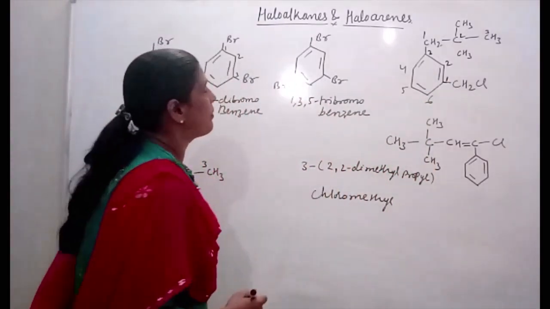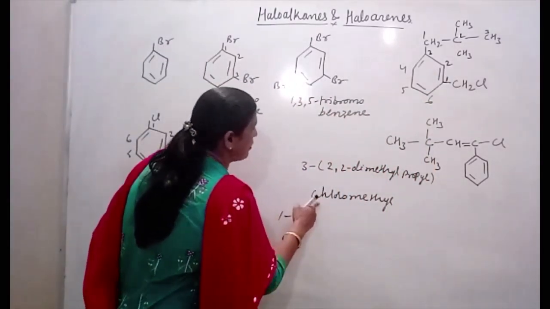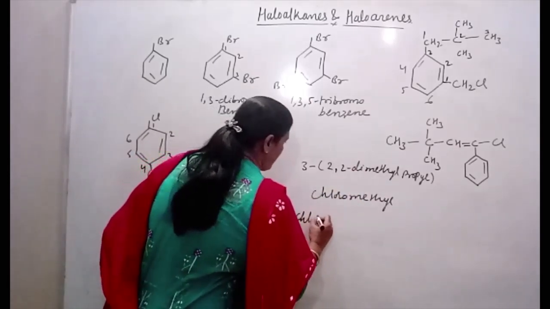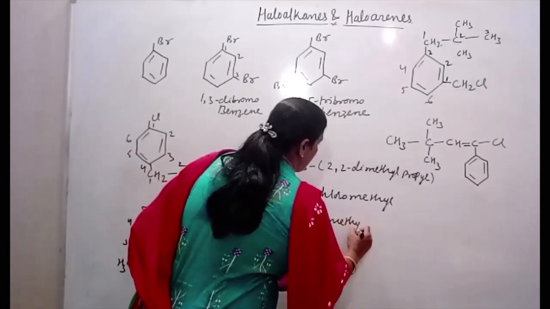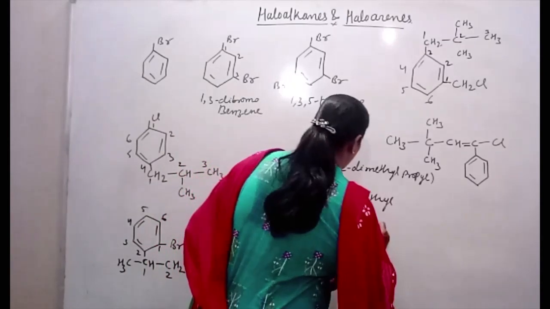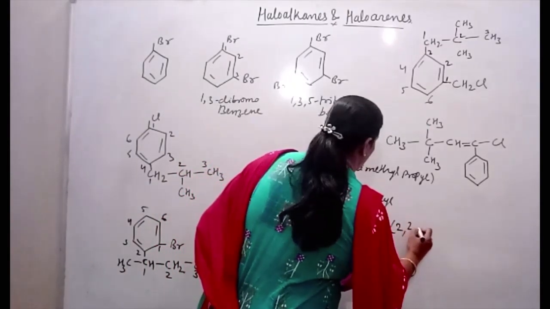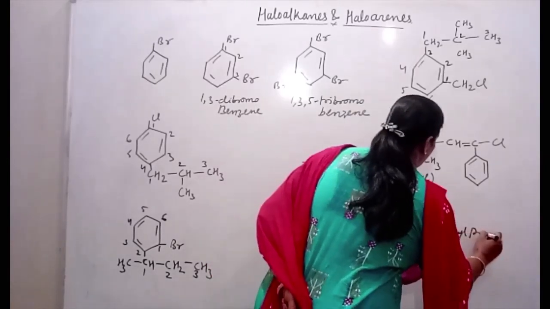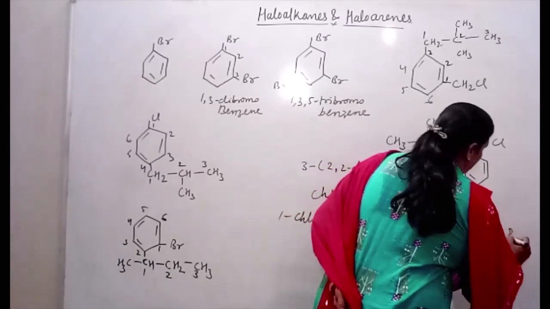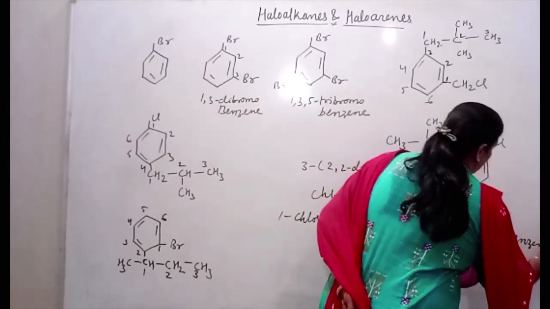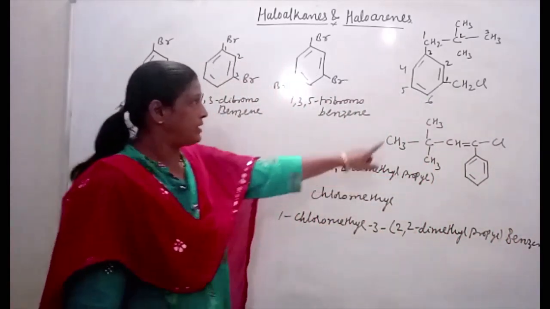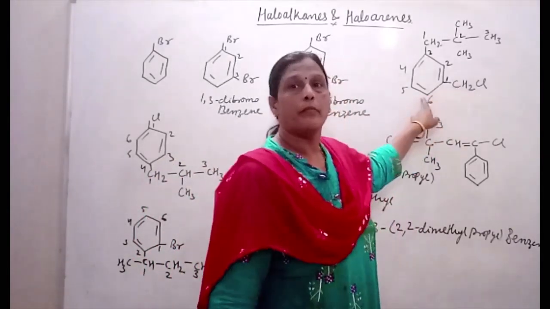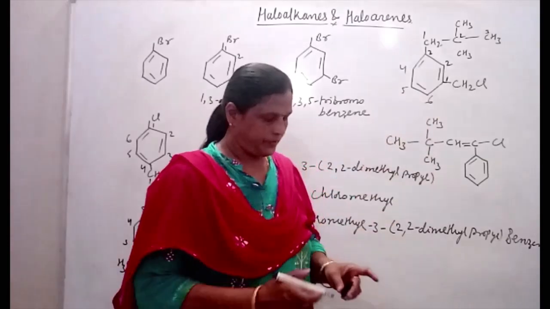Now write the name of this compound: chloro comes first, methyl comes later. So 1-chloromethyl, 3-(2,2-dimethylpropyl)benzene. Why do we give this benzene ring preference as the parent chain? Because the chlorine atom is attached to this benzene ring.